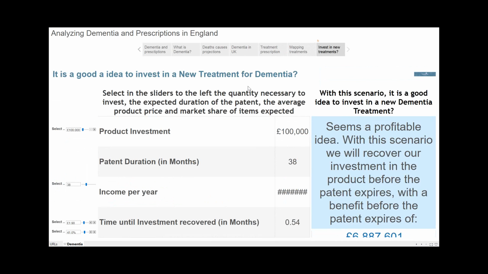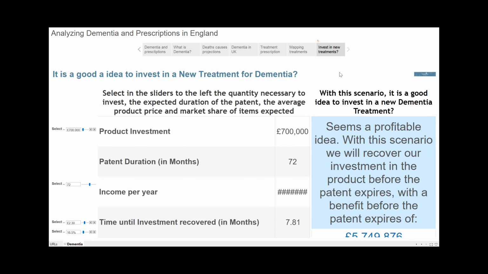My idea was to select how much money we want to invest in our product here with the slider, select the duration of the patent, the price at which we want to sell the product, and the market share that we expect to have during the period.